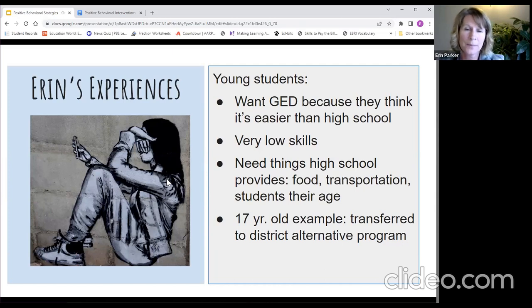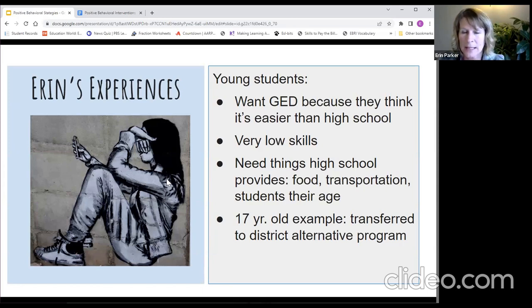So that's really sad because it's going to definitely take them longer. They need things high school provides. I found with some of my young people, they need food, they need transportation, students their own age. They don't necessarily fit in when they walk in that classroom because there's not a lot of students their age. And it's very obvious. So I think it might make them feel a little more isolated.